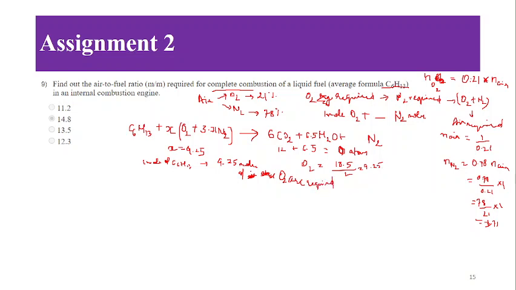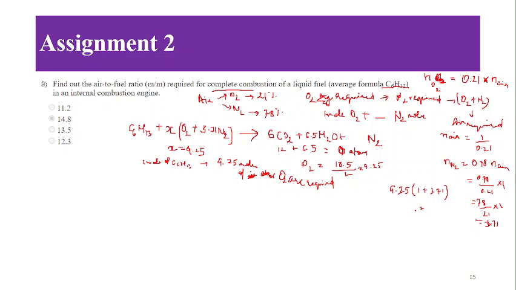The total moles will be O2 plus N2, so 9.25 into 1 plus 3.71. So these will be the moles of air.